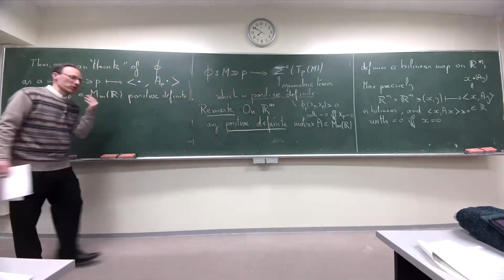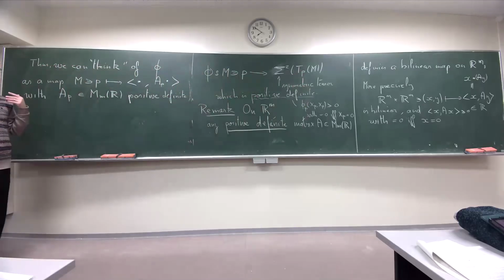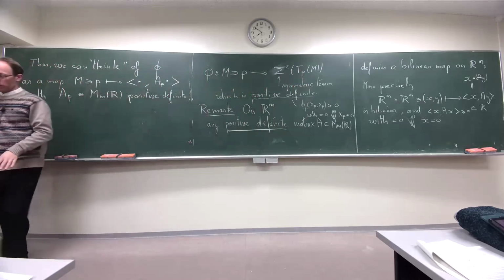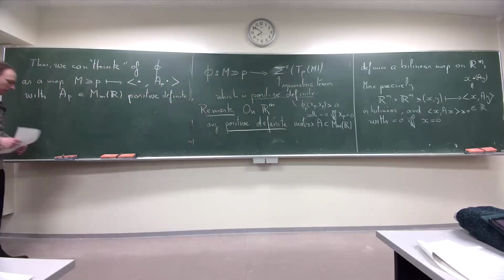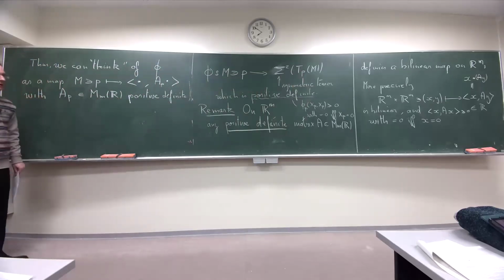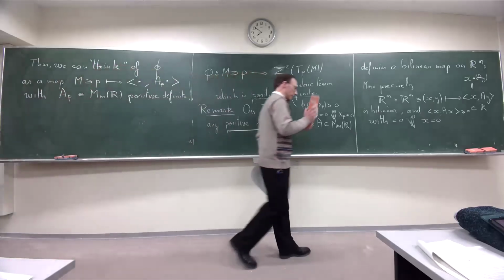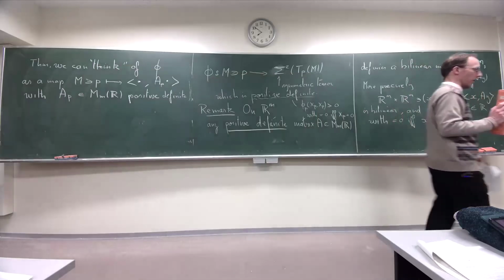But still, if you want to keep in mind, a Riemannian manifold is a manifold with a function which at every p associates a positive definite matrix. It's not wrong, but you have made some specific choices for this. Do you have any question about the definition of a Riemannian manifold?